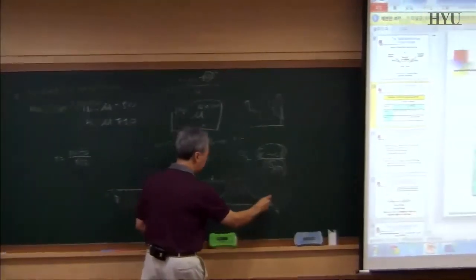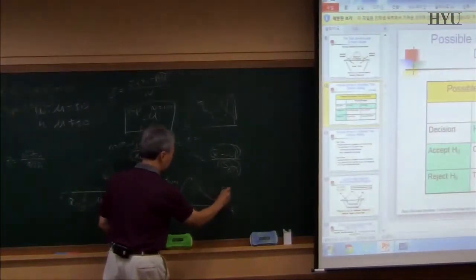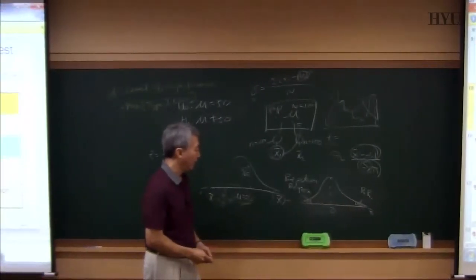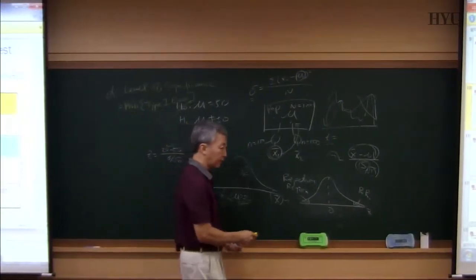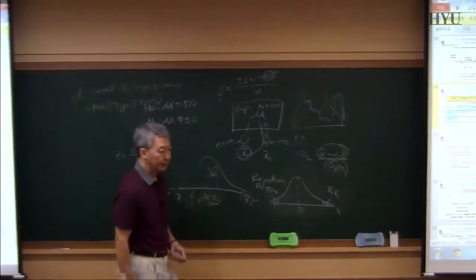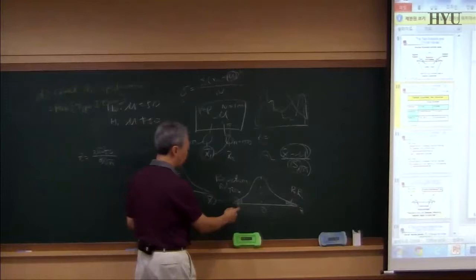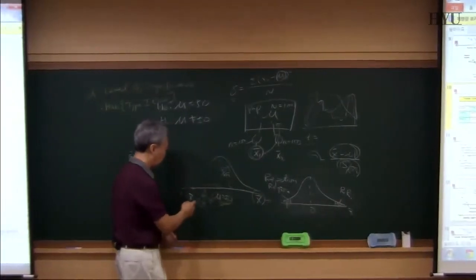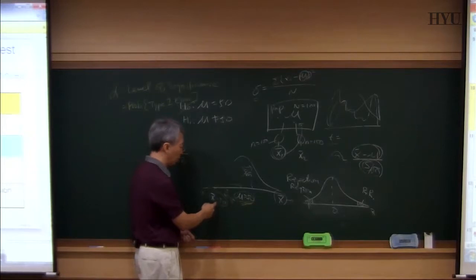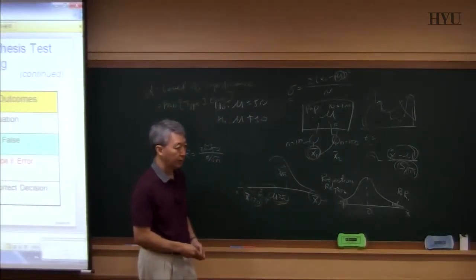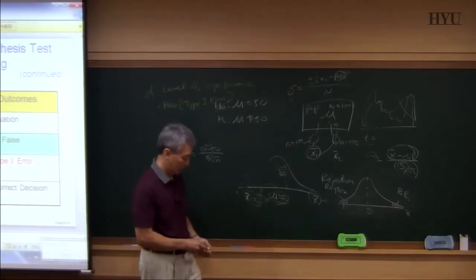On both sides. And if our test statistic falls within the rejection region, like this, then because our test statistic is too far away from 0, which means our sample mean was just too far away from the hypothesized value, we will decide to reject the null hypothesis, right?